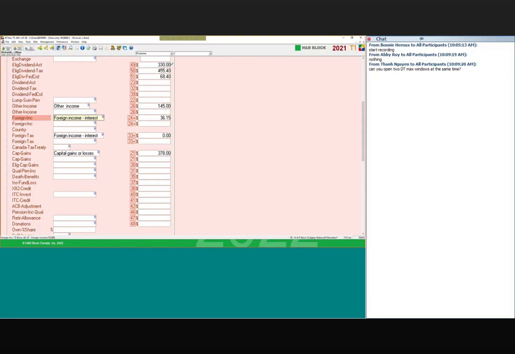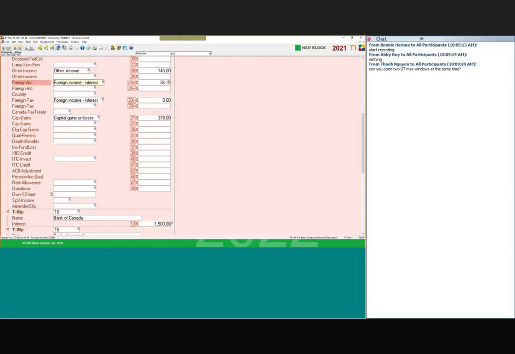The other thing you can do with investment income is if you go down to here, it says owner's percentage and share. Sometimes you will have situations where, and you'll see it on the T-slip, it's jointly owned and has both spouses' names on it. In that case, you would put the T-slip on one of the spouses, and then you'd have to ask the client what the percentage is.